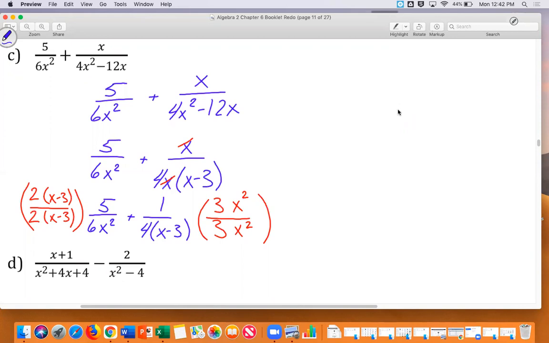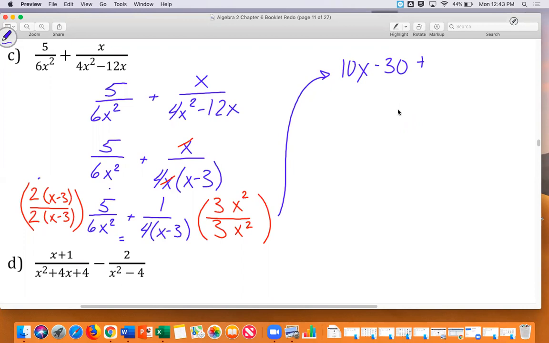So what I do, I have a 2 and a 5. That's 10. So I have 10 times x minus 3. 10 times x is 10x. 10 times negative 3 is negative 30. Plus, that's what's in the middle, the plus.